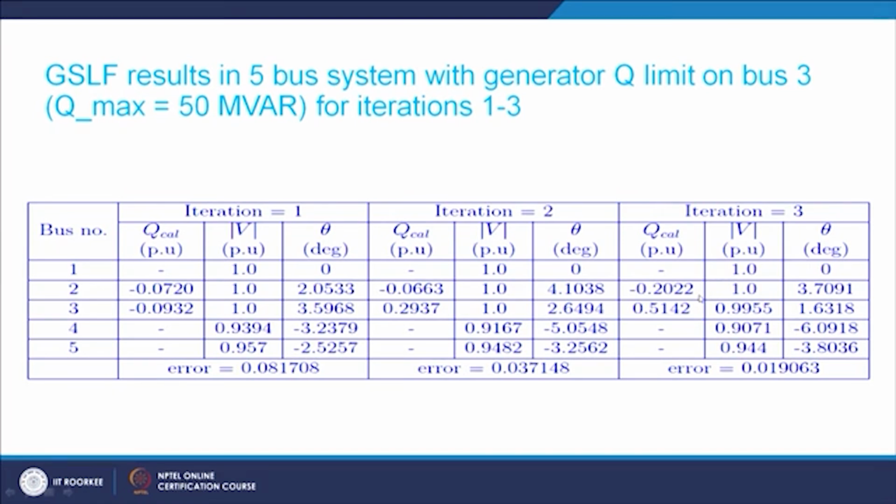Remember, this particular value indicates that the generator has to inject 51.42 MVAR reactive power into the system to maintain the voltage magnitude at its terminal at 1.0 per unit.